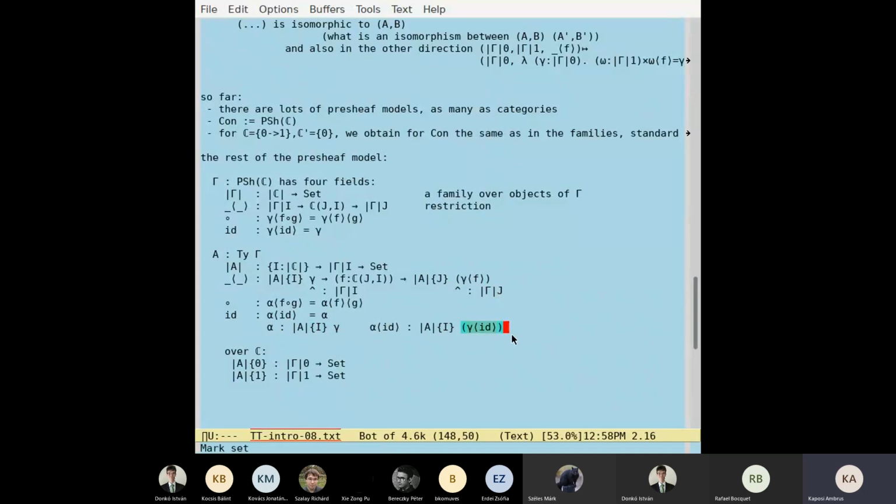This will be gamma ID, but I know, because of this law, that this type is equal to gamma, simply, right? Because gamma ID is the same as gamma by this. So again, this equality depends on this equality, but that's expected because we have dependent types, and all components of types depend on the components of context.